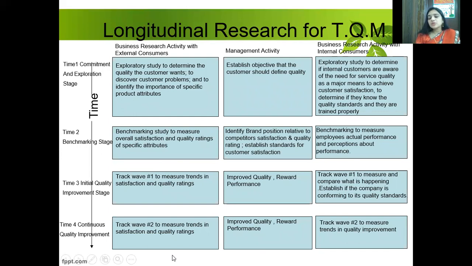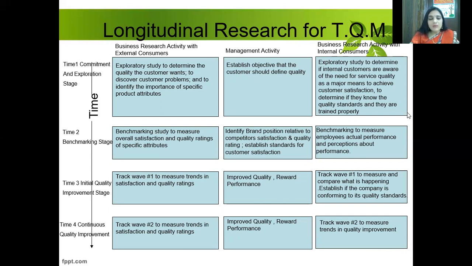We will see all the 4 stages with the help of some external and internal examples. Number 1, commitment and exploration stage. When it comes to business research activity with external consumers, actual consumers which are actually consuming the product: exploratory study to determine the quality the customer wants, or to discover customer problems and to identify the importance of specific product attributes.